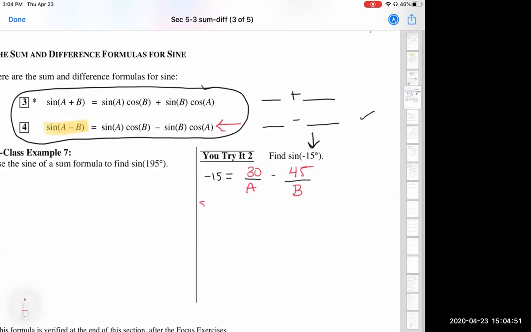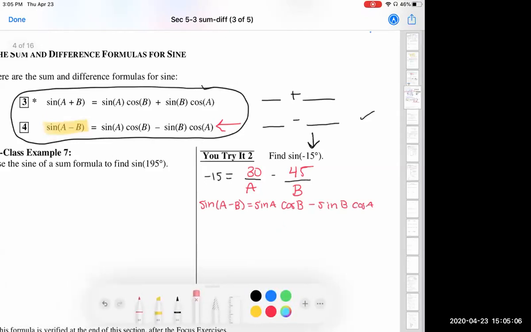This tells me that sine of A minus B is equal to sine of A cosine of B minus sine of B cosine of A. Okay, let's go ahead and work it out.